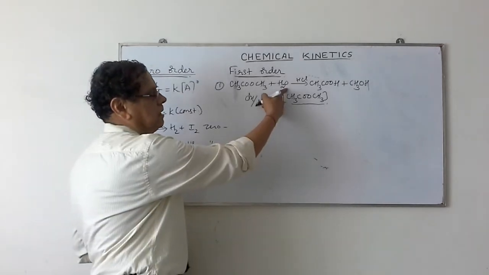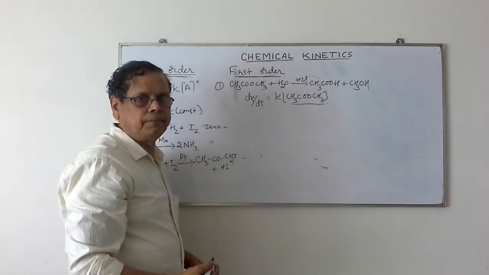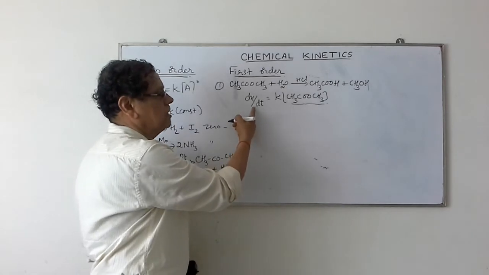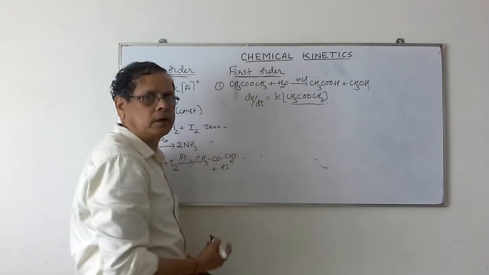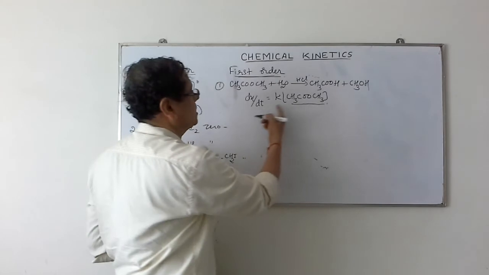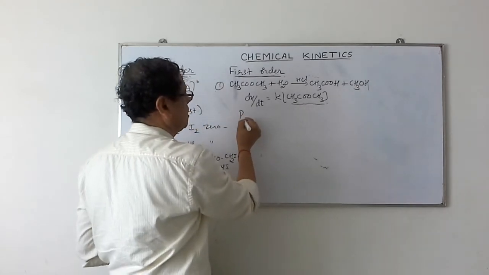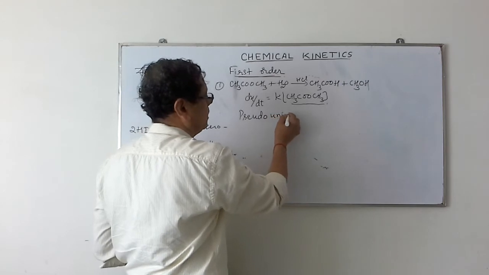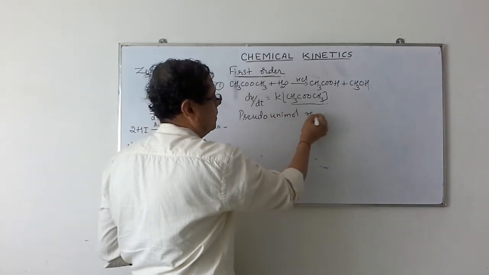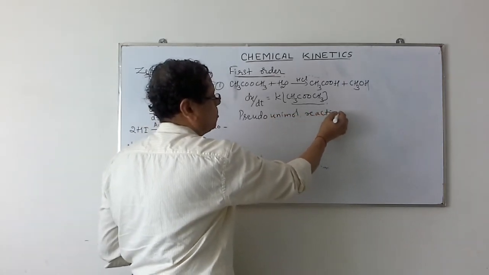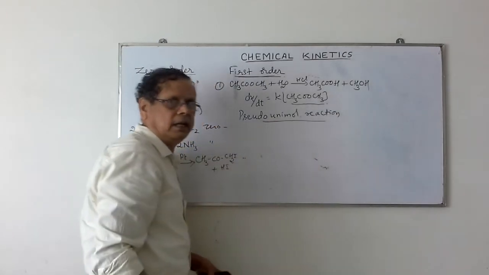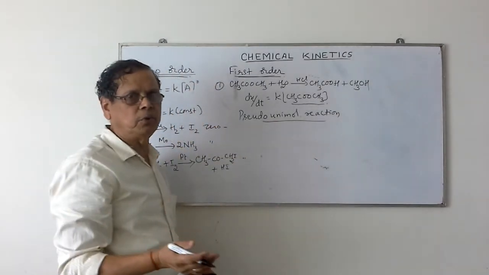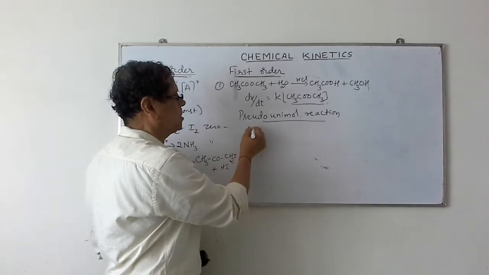Since water concentration is not much changed, velocity does not depend on the concentration of water. That's why it is a first order reaction. It is also named as the pseudo unimolecular reaction. In some of the textbooks it is written as pseudo unimolecular reaction, but actually it is a pseudo first order reaction.